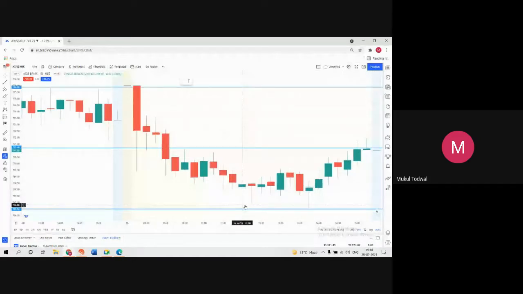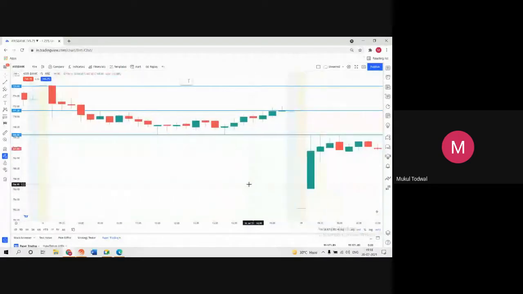They even went to 766, but now the bulls took charge and entered the market, took the value to 768 levels. From 766 to 768, they have taken the stock back. And now this signifies how strong the bulls were in the market. Since the very next candle is not a green candle, this is not a call for me to enter the market and make my buy position.